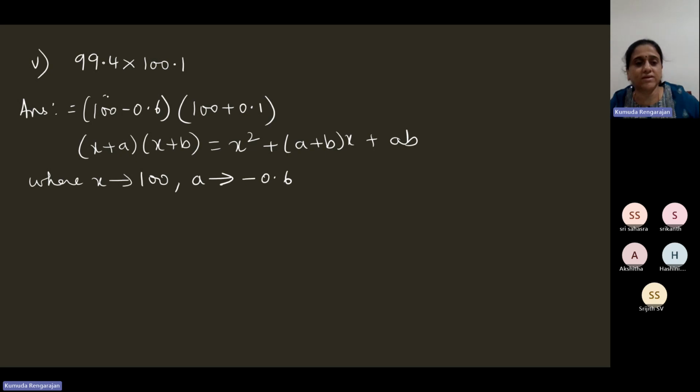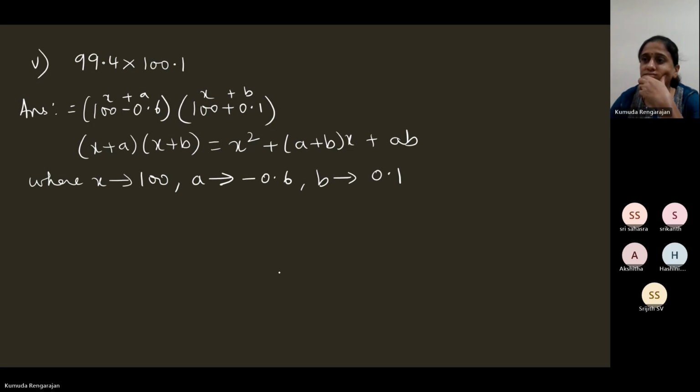See, this is x plus a into x plus b. a is minus 0.6 and b is 0.1. When the signs change, your answer will be different. It will change.